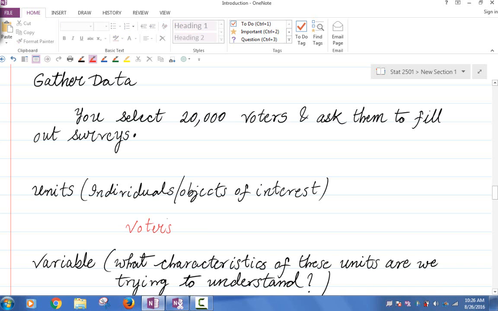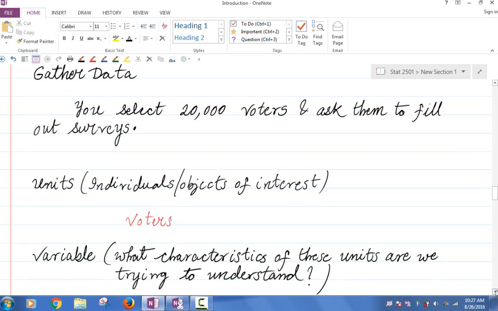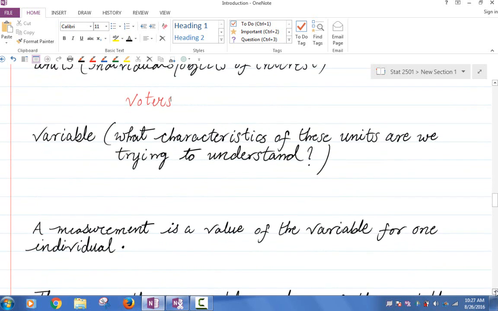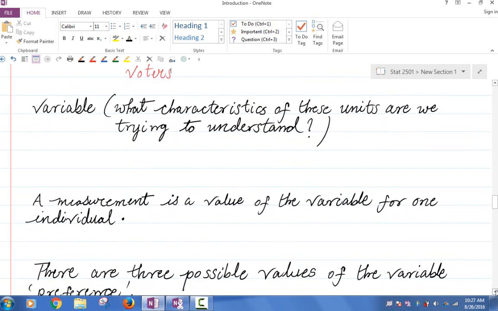Okay, what's the variable that we are interested in? Basically, what characteristics of these units are we trying to understand? The variable that you're trying to study here is, well, we can just call it voter preference.